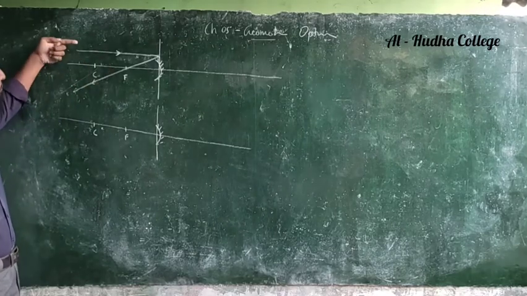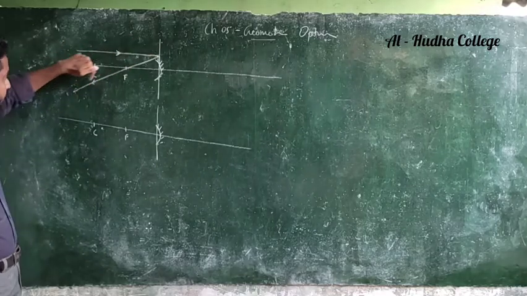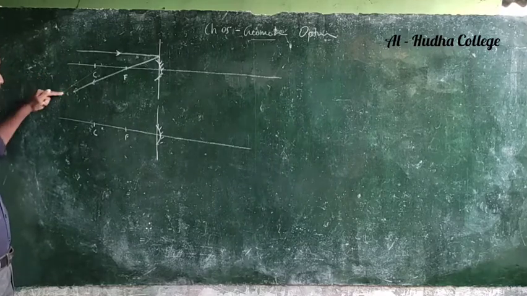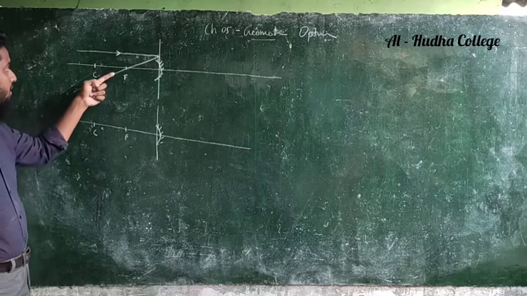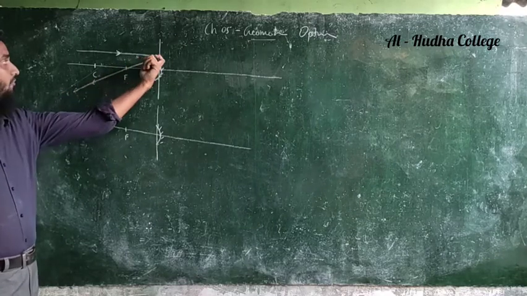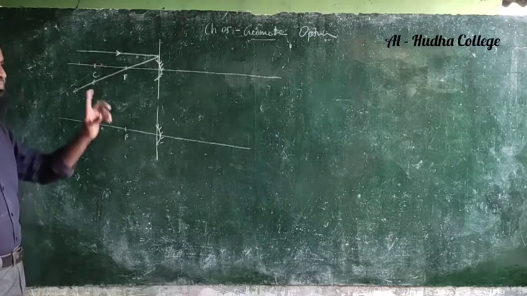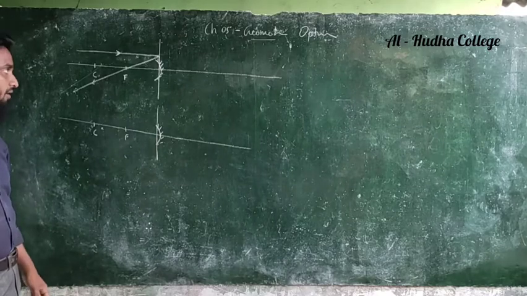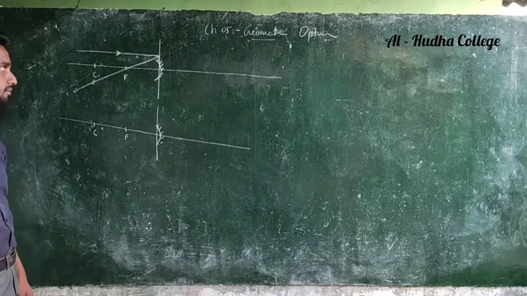For example, here the path of the light is this. After the reflection, it goes through the focus. Now, if you return it back, after the reflection it will select the same path which has been traveled earlier. The same line it will travel. That is the character of light rays.